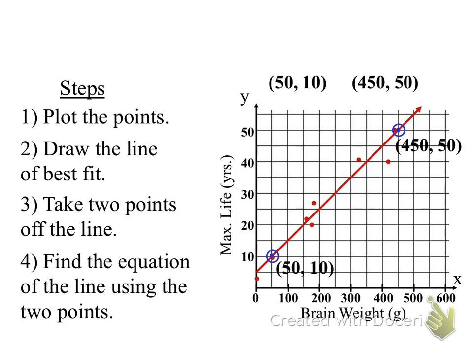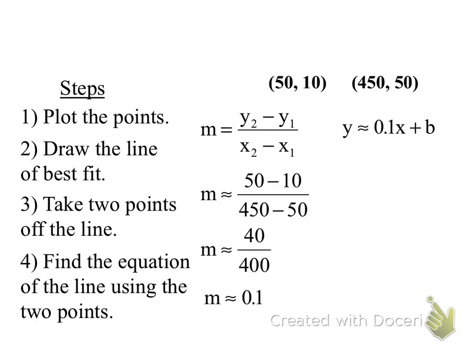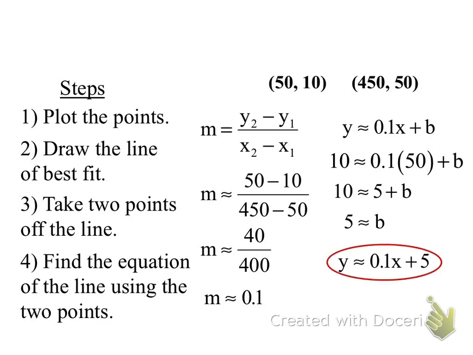So I would do 50 minus 10 over 450 minus 50. And we get m is about equal to 0.1. Now, as soon as I put real data in, I switch to the about equal to. Does that make sense? And now we can use either point and do point slope or y equals mx plus b and solve for b. And we get our b, and we are able to write the equation of the line.